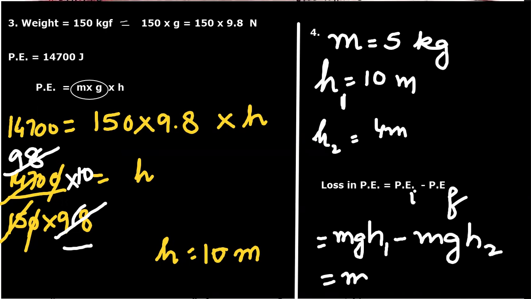Take mg common. You're left with h1 minus h2. Subtract 10 minus 4. M is given. G is 10. Substitute the values. And children, find the answer of loss in potential energy. Now you do this question yourself.